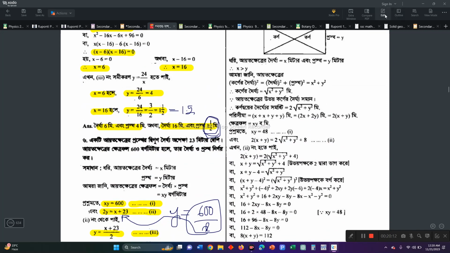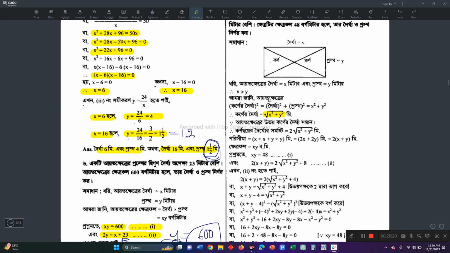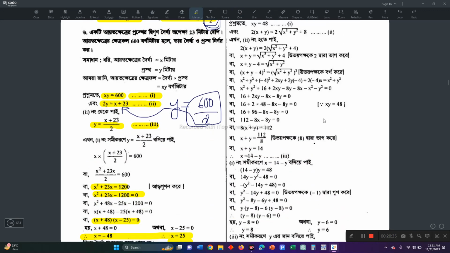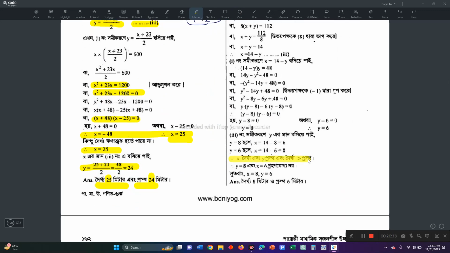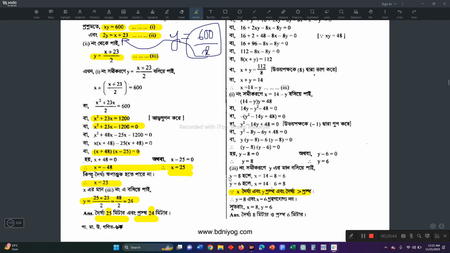Okay, this is number 7. In every question you have to mention that x is greater than y, because sometimes in such a question a value of x comes out smaller than y, and if the value of y is greater than x, you will get a problem deciding whether it is correct or not.